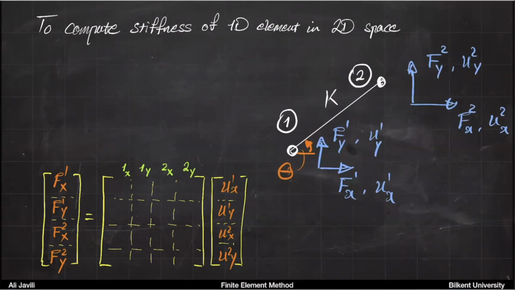So now what I'm going to do is attach a pink coordinate system to this, such that that pink coordinate system follows the direction of the element. So like that would be for node 2.